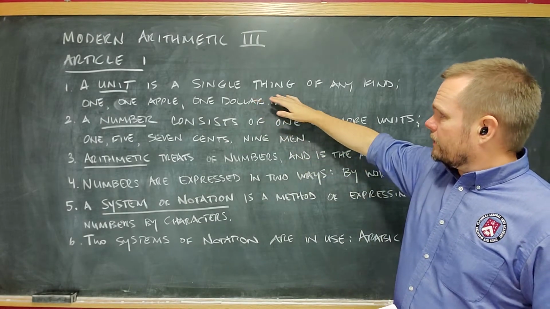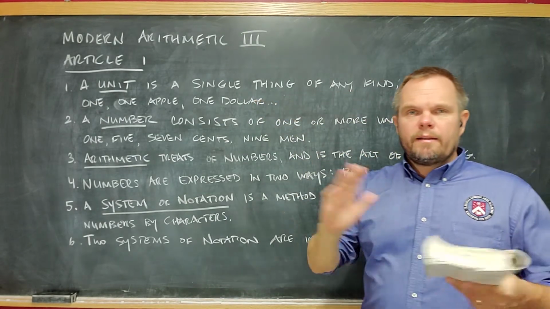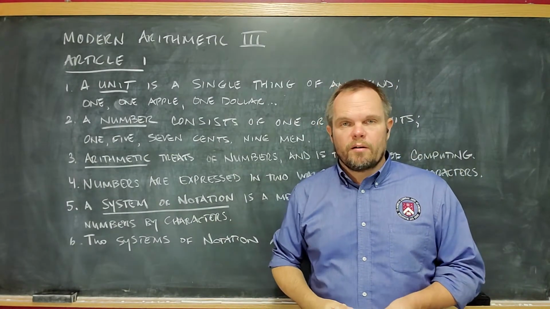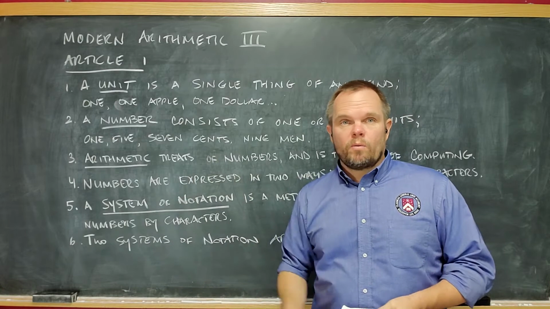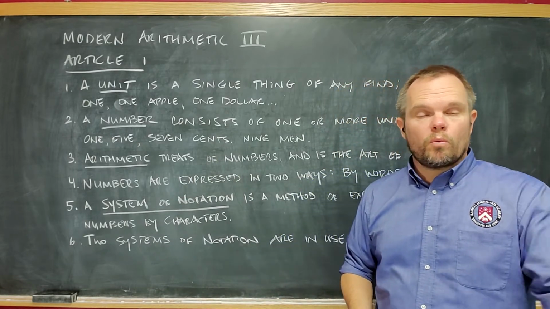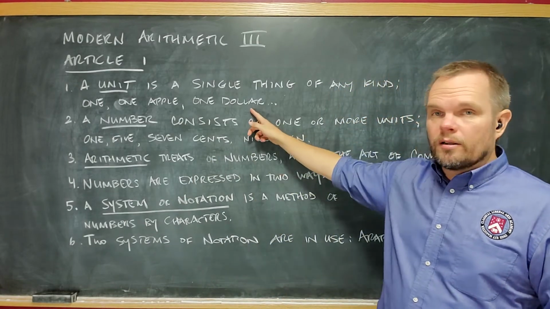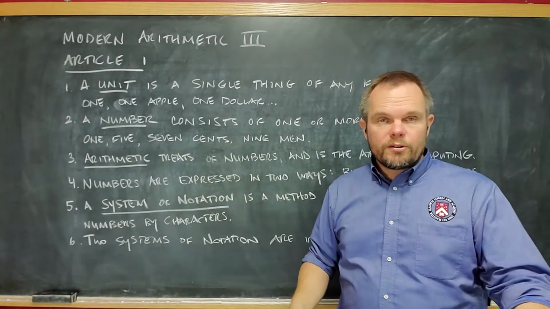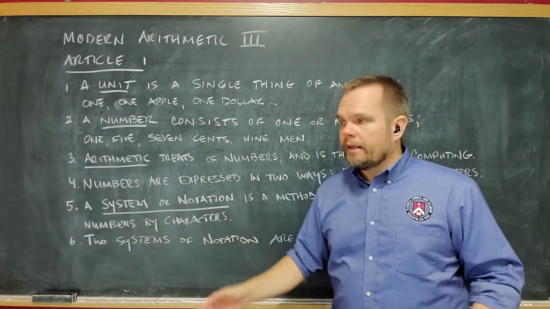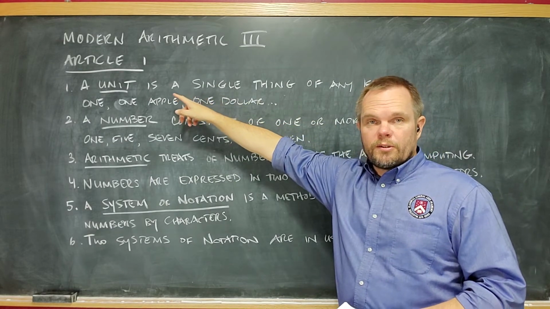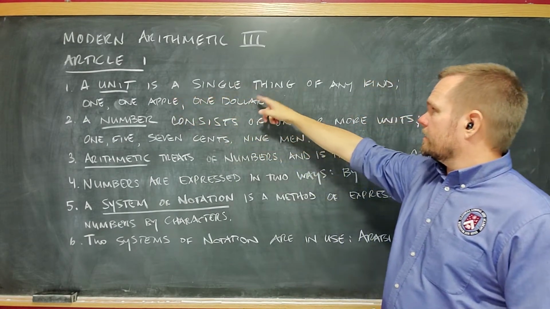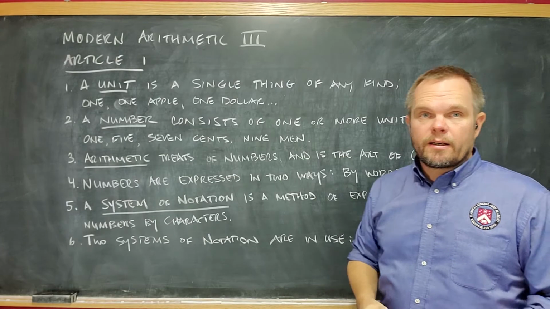A unit is a single thing of any kind. So anything that you can think of that you can call one: 1 stick, 1 rock, 1 ball, 1 penny, $1, 1 tree, 1 person, 1 anything. Anything that you can call one is a unit.